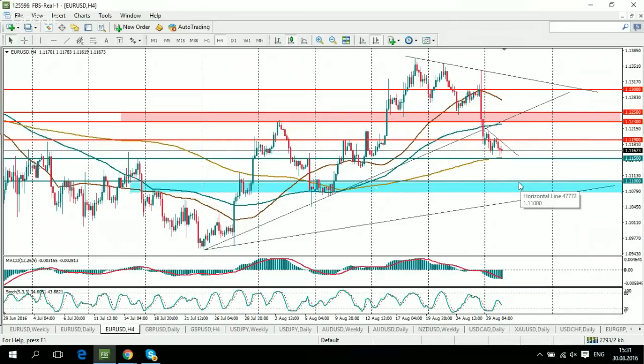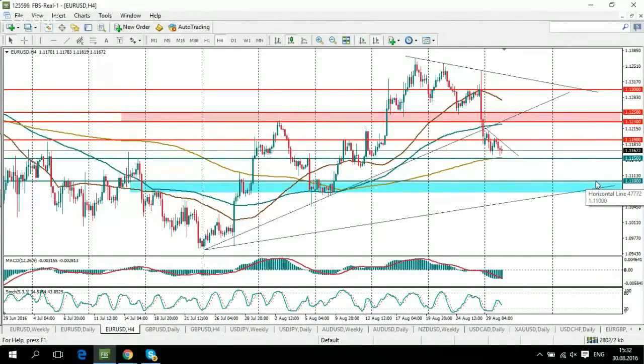I think that it would be better to close positions just ahead of the NFP release on Friday, or when the euro dollar hits this target area of 1.11, and then to conduct another set of market analysis, another set of technical analysis.